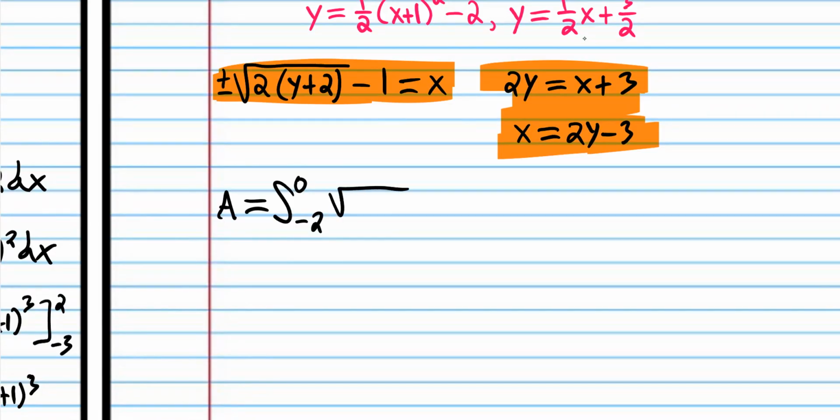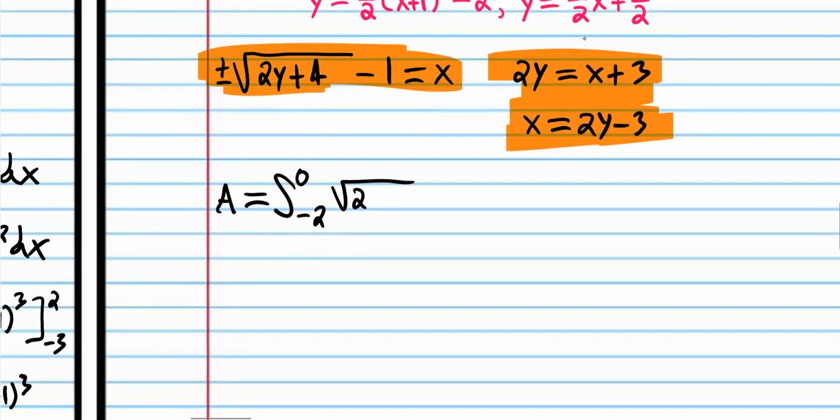So it's going to be square root, and I'm going to go ahead and distribute. It'll make things a little easier. So we have square root 2y plus 4 minus 1. And then we're going to subtract the negative version of that.